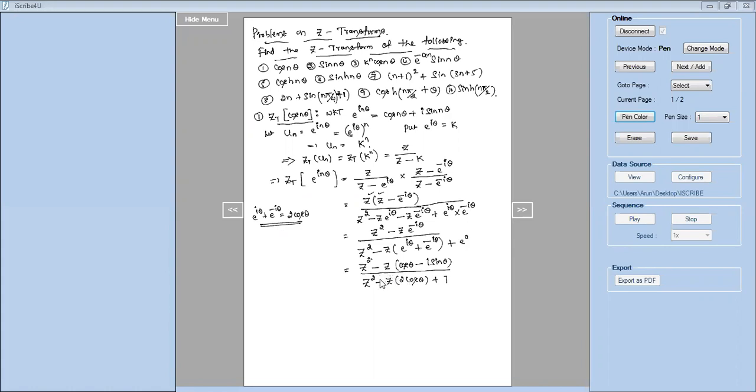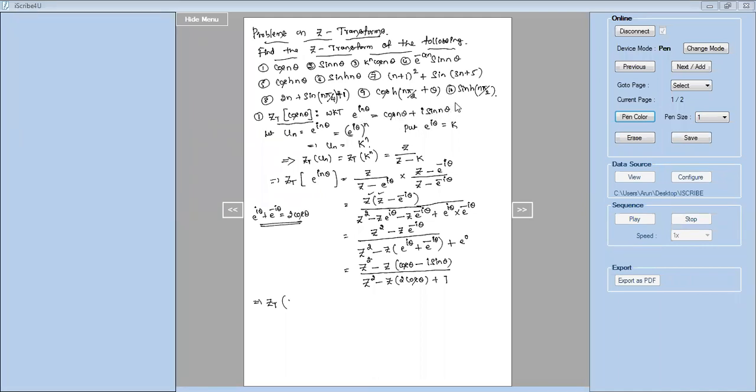Now here, I'll separate the real and imaginary parts. I'll rewrite this one as, just observe this carefully. This is simply the z transform of the left hand side that I'll take. The left hand side is e power I n theta, and I know e power I n theta is cos n theta plus I sin n theta.